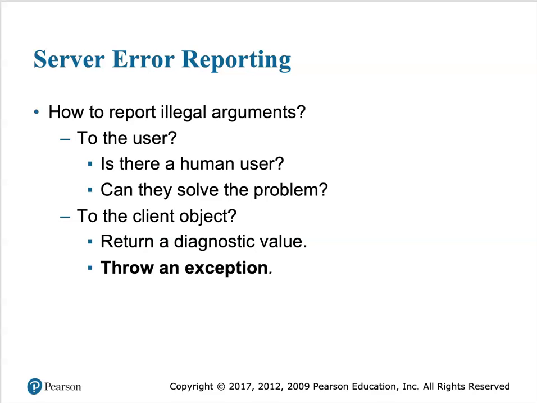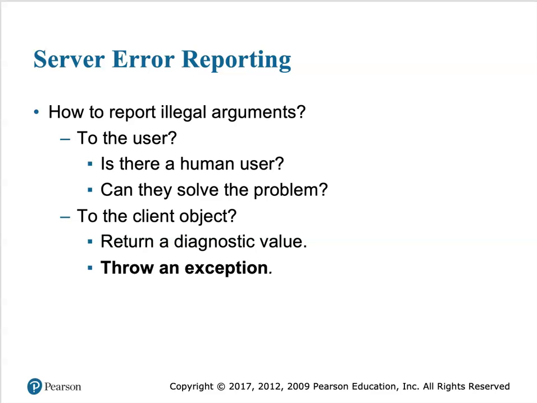So we could report it to the user, or do we report it to the client object? And if we report it to the client object, there's actually a couple of ways we can do that. We could return a Boolean, true we were successful or false we were not, a diagnostic value, or we could throw an exception. Let's wrap this part of the lecture by looking at the diagnostic value, and then we'll get into how we throw exceptions.